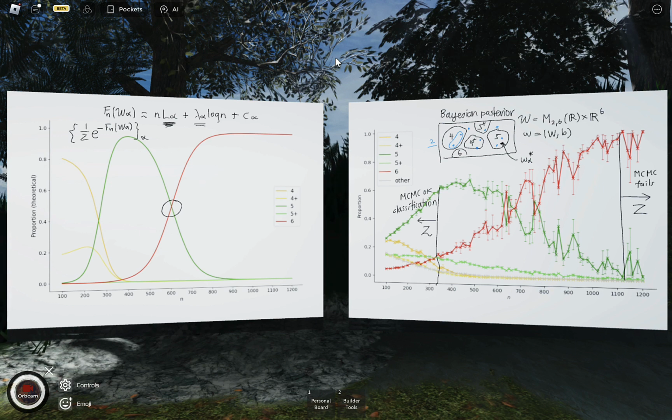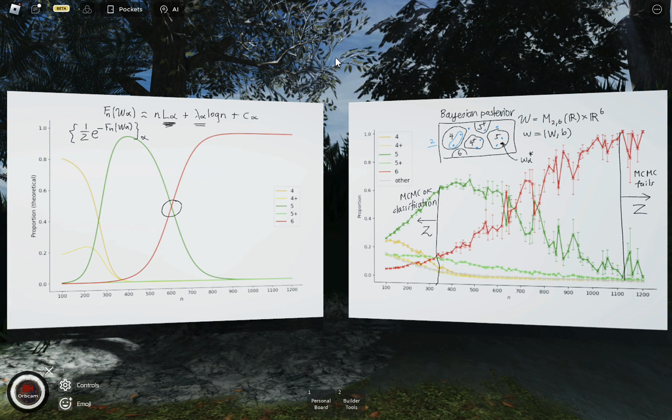So there are some differences between what the free energy formula is going to predict and this. Like the crossover point being slightly earlier in the prediction between the 5 and the 6, and also the proportions, like that green curve in theory goes down really low, really close to 0 by like 1,000, and it's not there.